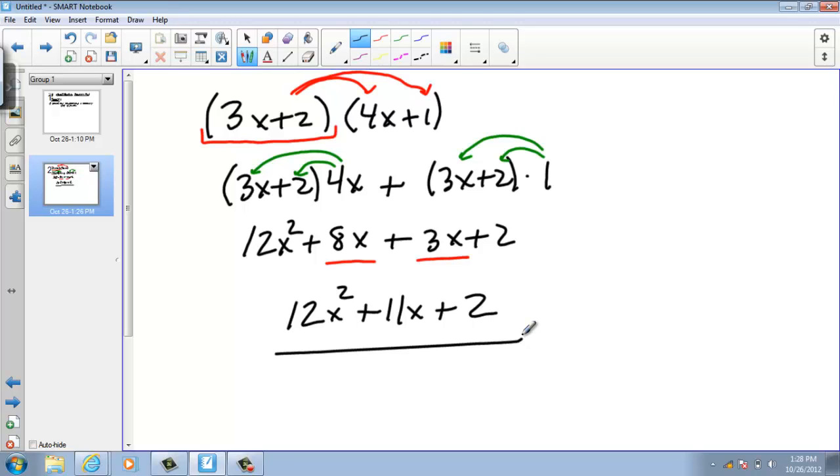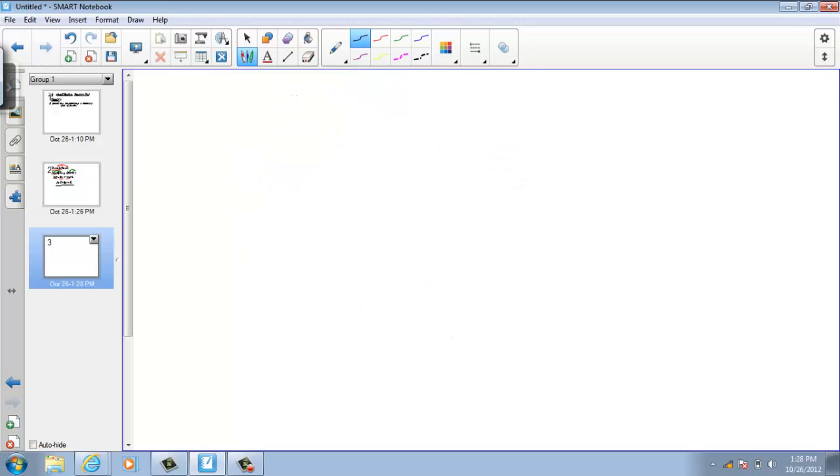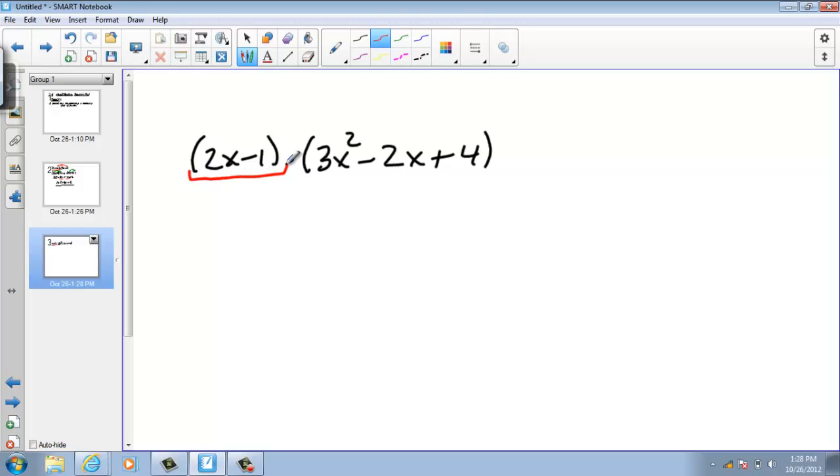So let's try it again. This time, let's multiply a binomial, 2x minus 1, with a trinomial. Let's go with 3x squared minus 2x plus 4. So let's do the same thing we did before. Just think of 2x minus 1 rather than as a binomial, just think of it as a single term that we're going to distribute to the trinomial.